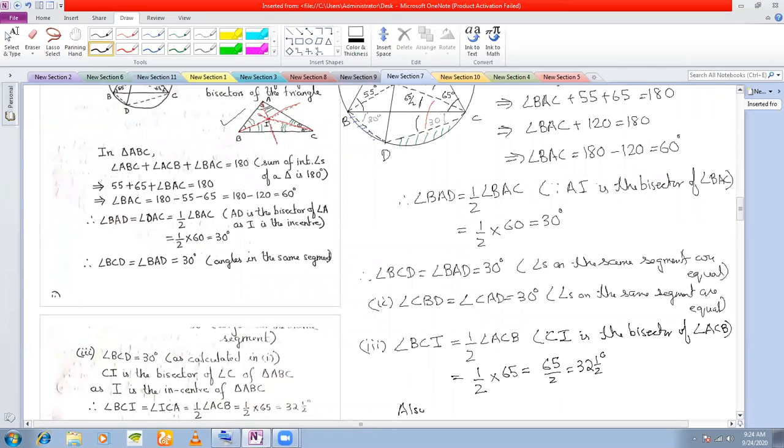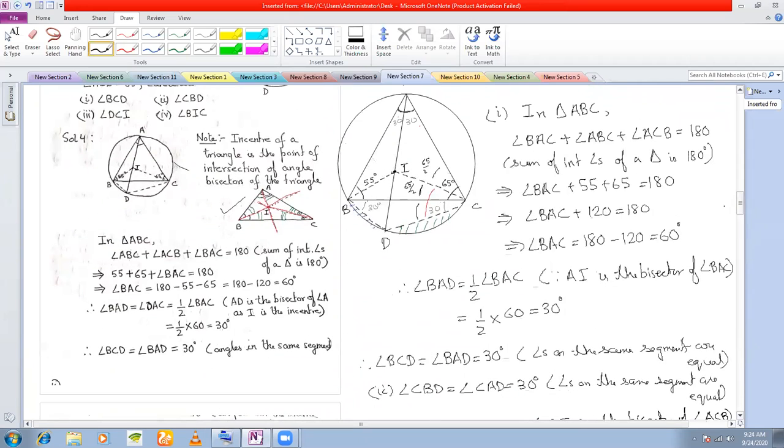Also, angle BCD is equal to 30 degree, as shown in one above. Therefore, what is angle DCI? It is the sum of these two, this 65 by 2 and this 30.